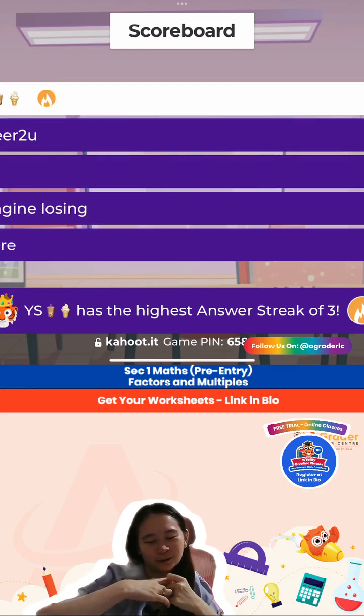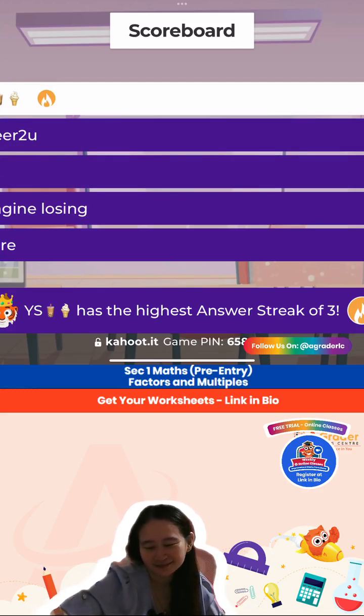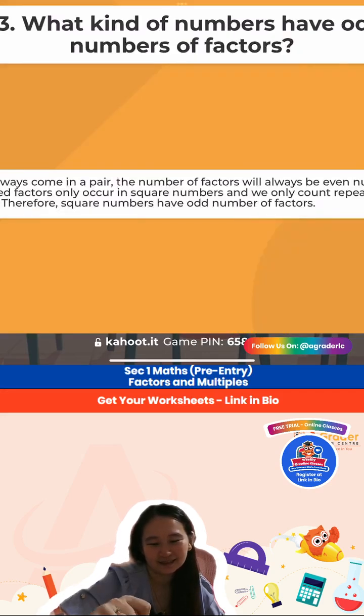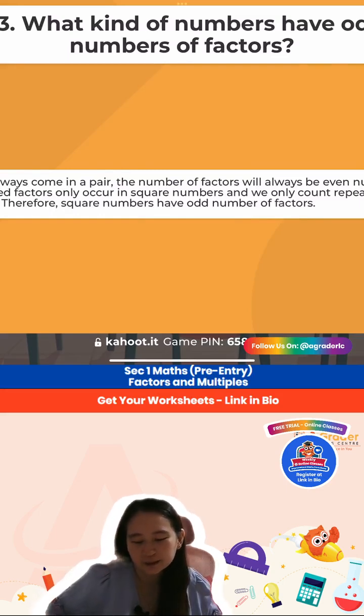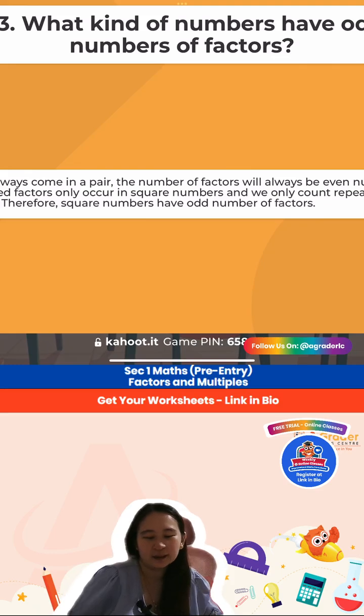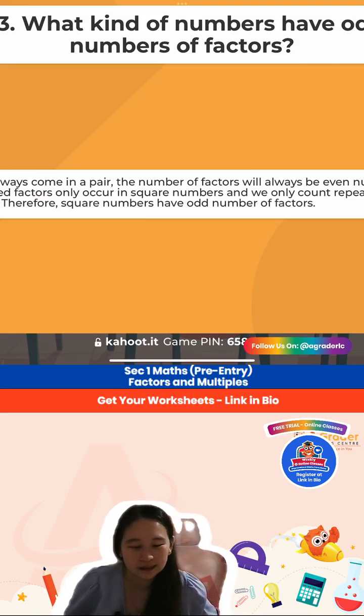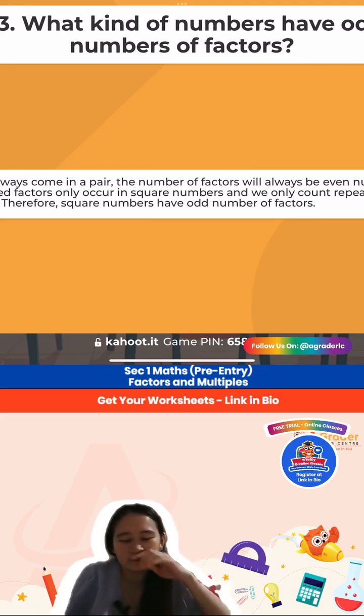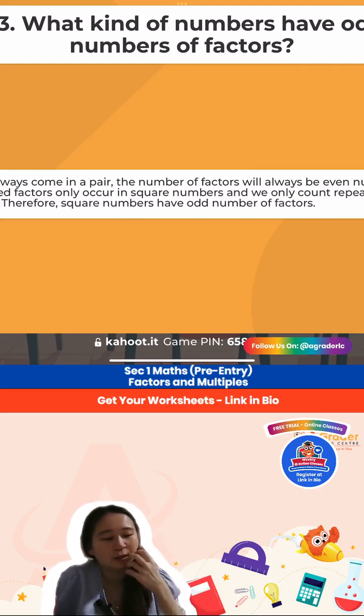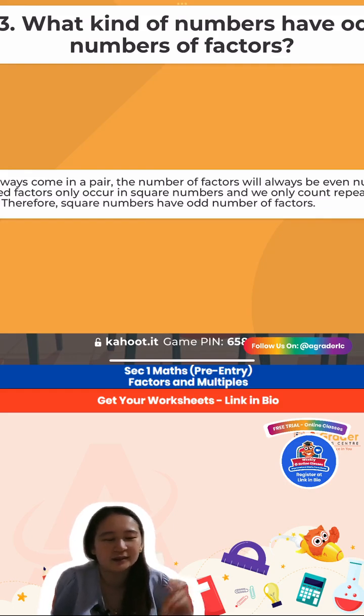So as factors always come in a pair, the number of factors will always be even number. So repeated factors only occur in square numbers, and we only count the repeated factor once. So therefore, square numbers have odd numbers of factors.